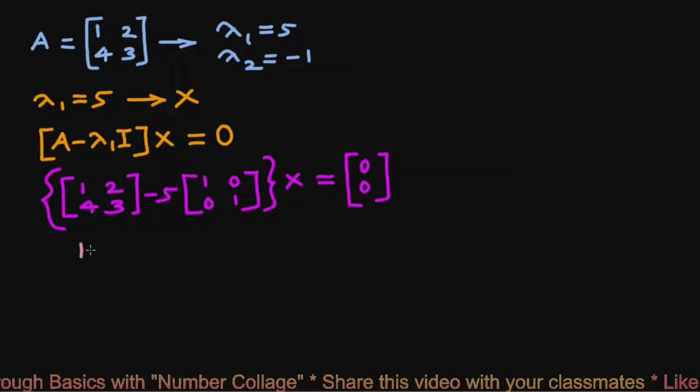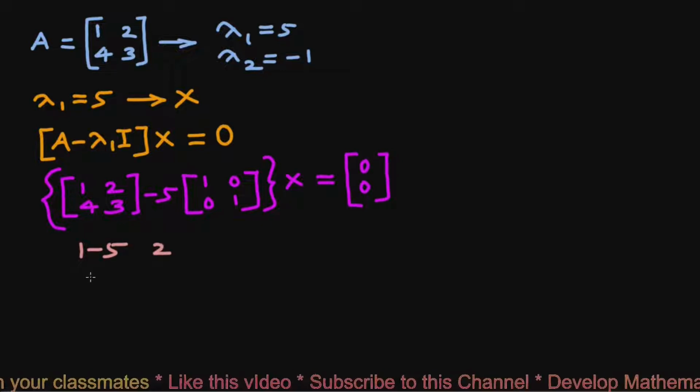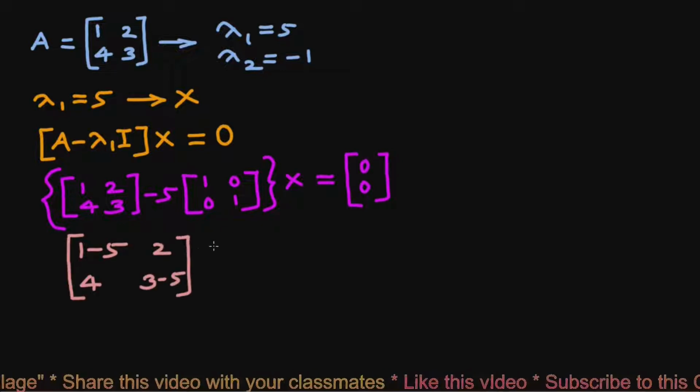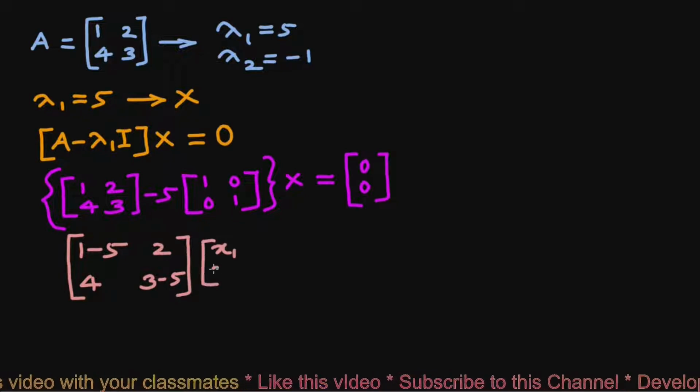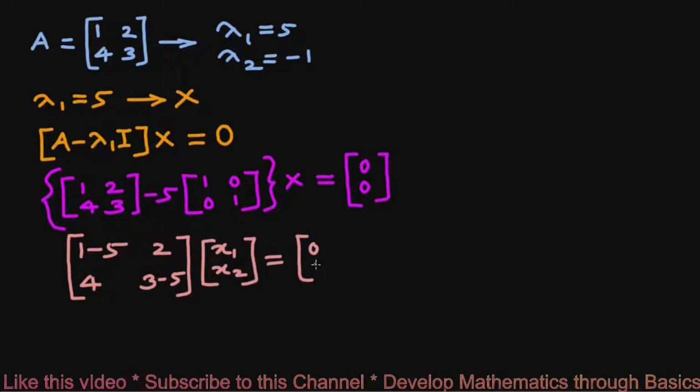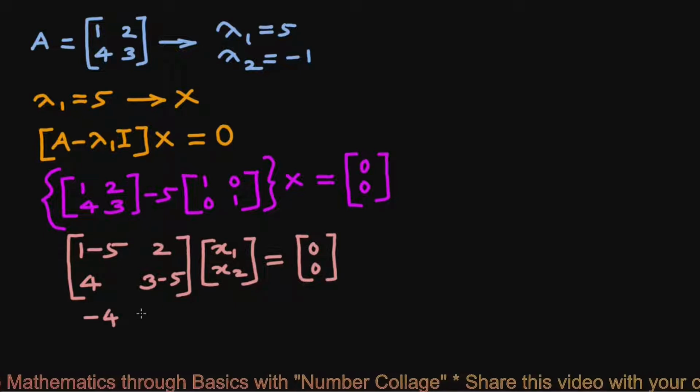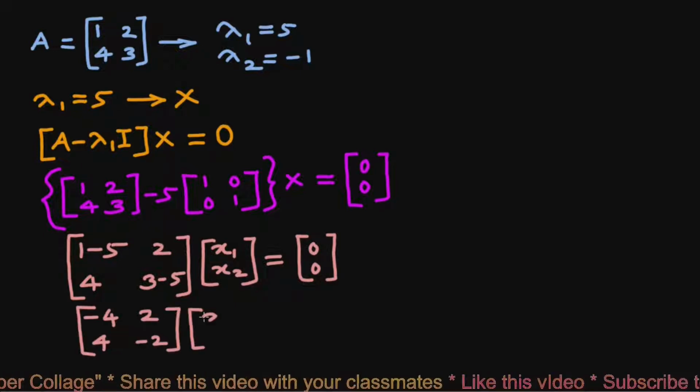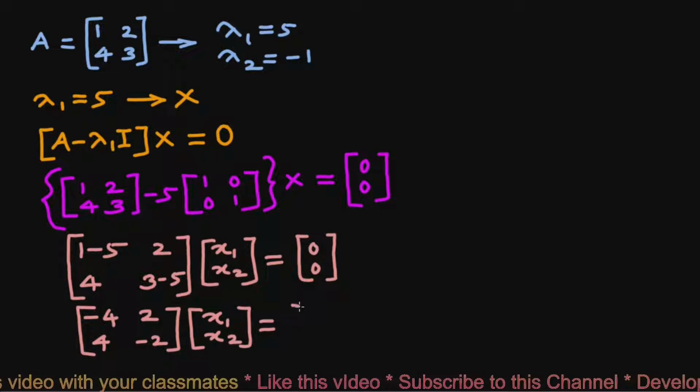This will be [1 minus 5, 2; 4, 3 minus 5]. In place of X we write [x1; x2] equals [0; 0]. This will be [minus 4, 2; 4, minus 2] into [x1; x2] equals [0; 0].